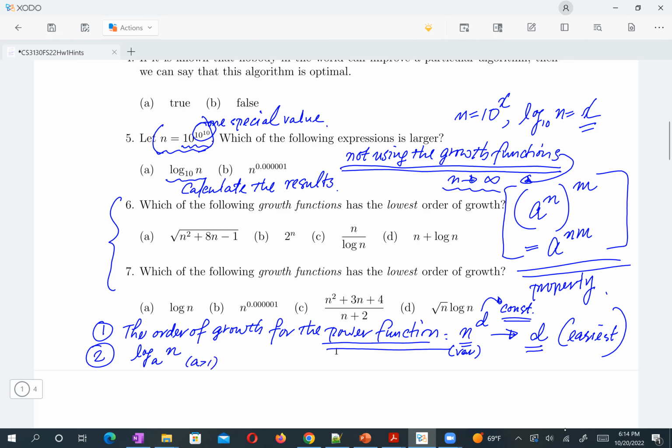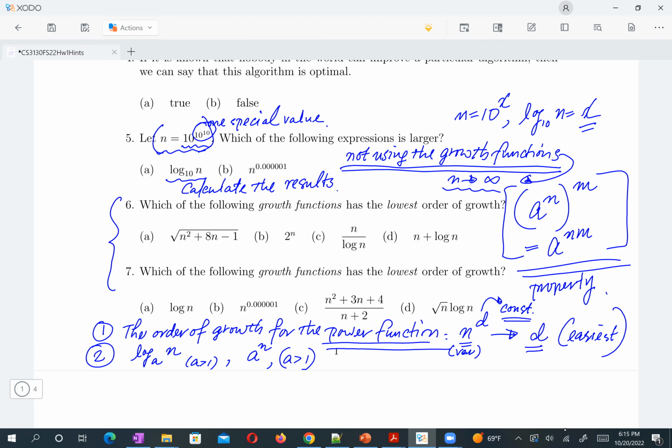Another one is the exponent function, a to the n, and a is also greater than 1. In these two cases, it's hard to use a specific order of growth number to measure.